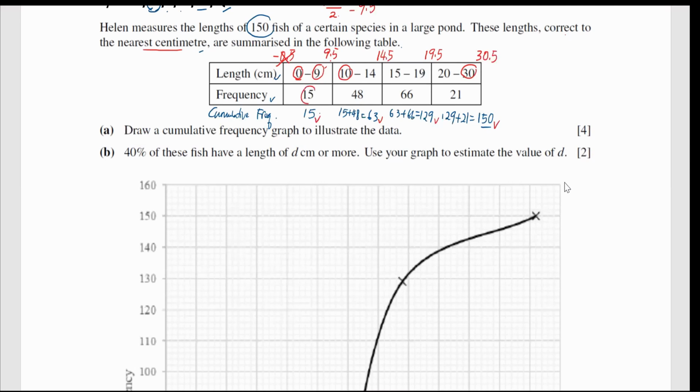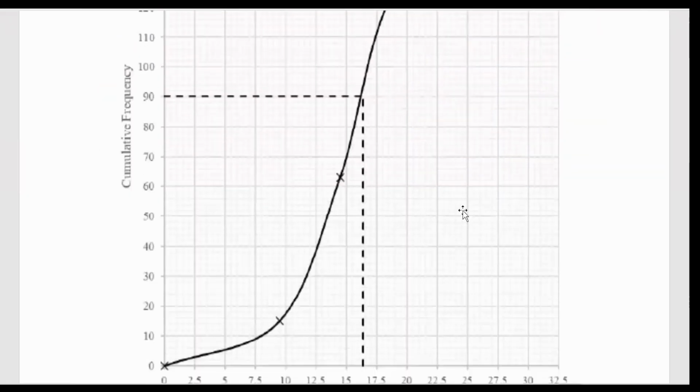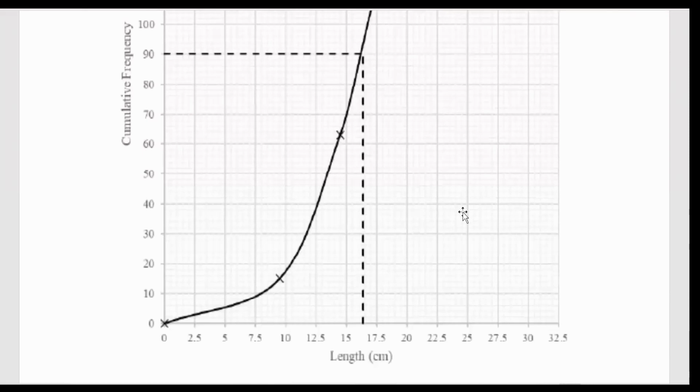We have 15. So the first point that we should label is 9.5 and 15. With the grid given, we try to plot the point. You see, this is the point here.